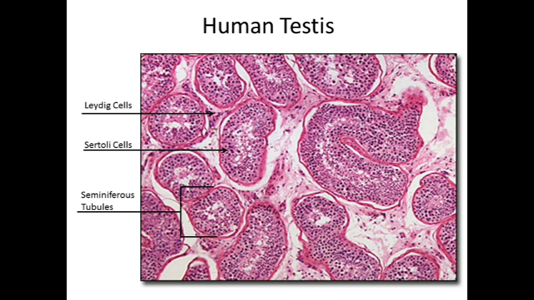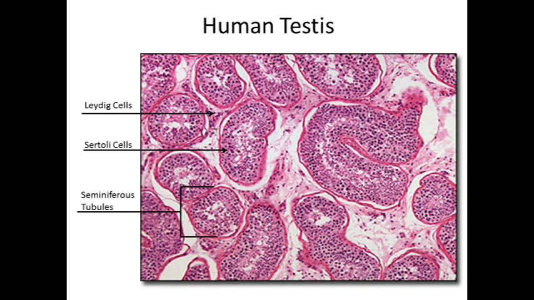The first slide that we're looking at right now is the human testis, and there are three structures that we have to recognize in the cross section of the human testes. The first thing is the seminiferous tubules, which is the entire circular area that is labeled right there.